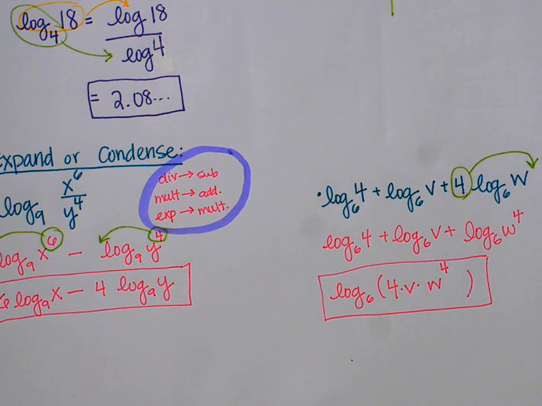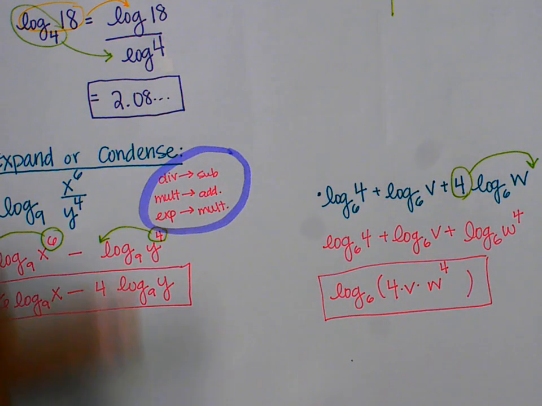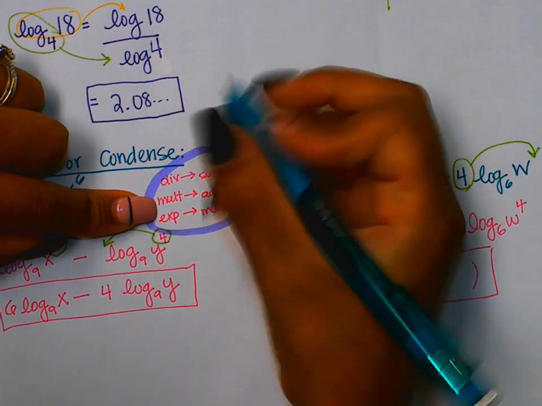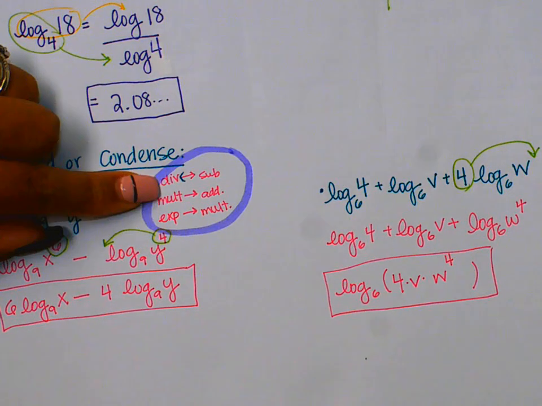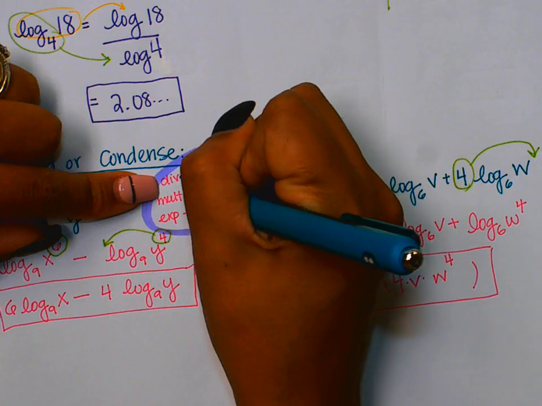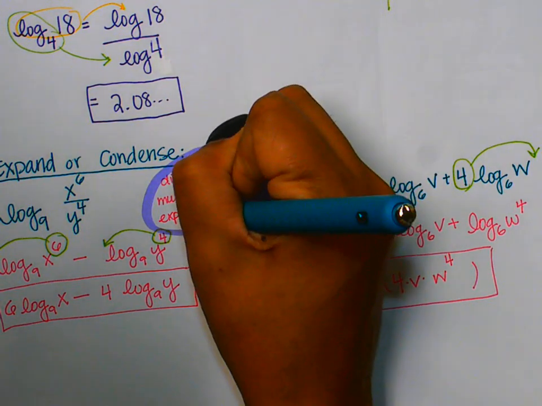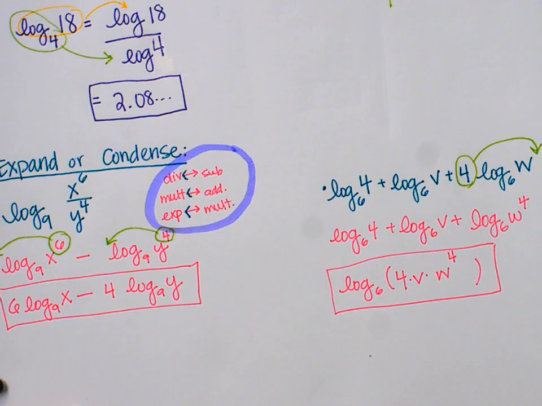And that's it. This right here is the most important part. Just know that these things go both ways. If you have subtraction, you can rewrite it as division. If you have addition, rewrite it as multiplication. And if you have multiplication, you rewrite it as an exponent. So they go both ways.